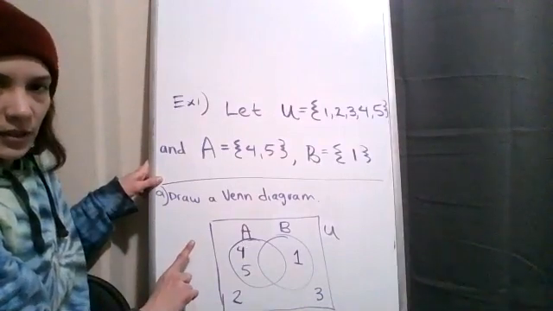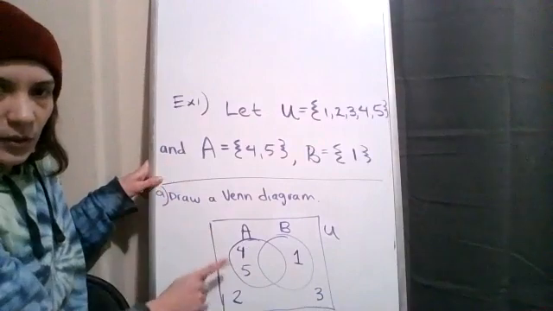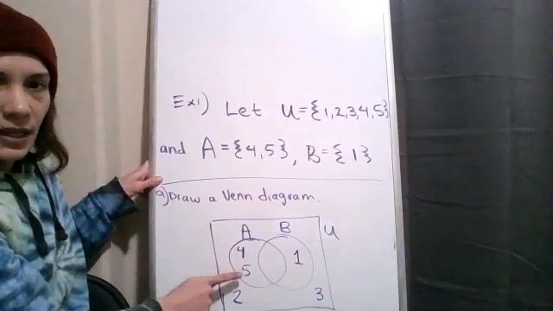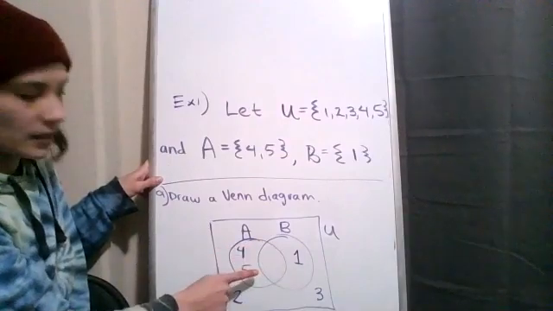Let's double check the picture and then I can erase this information. So we've got all of our elements 1, 2, 3, 4, 5. A and B, nothing in common.